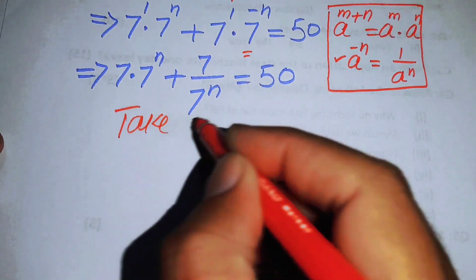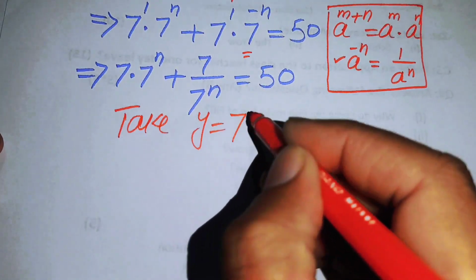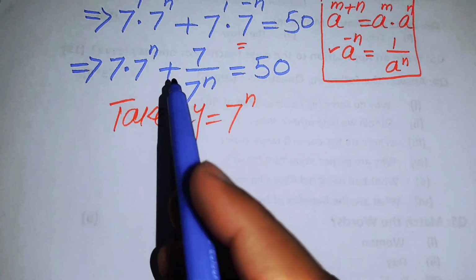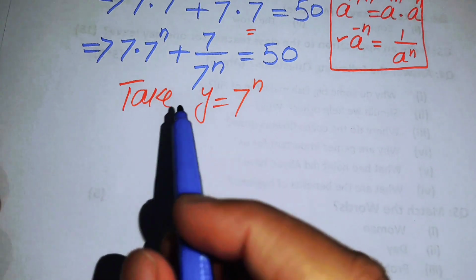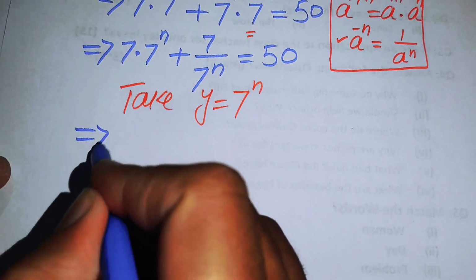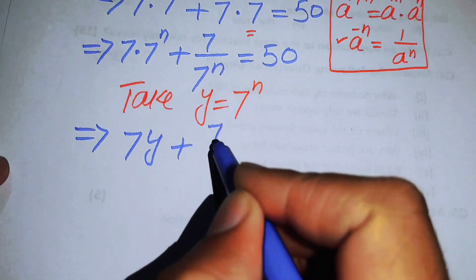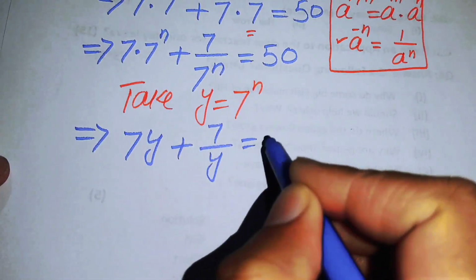When we take y equals 7 to the power of n, this exponential equation becomes a quadratic form, and we write 7 times y plus 7 over y equals 50.